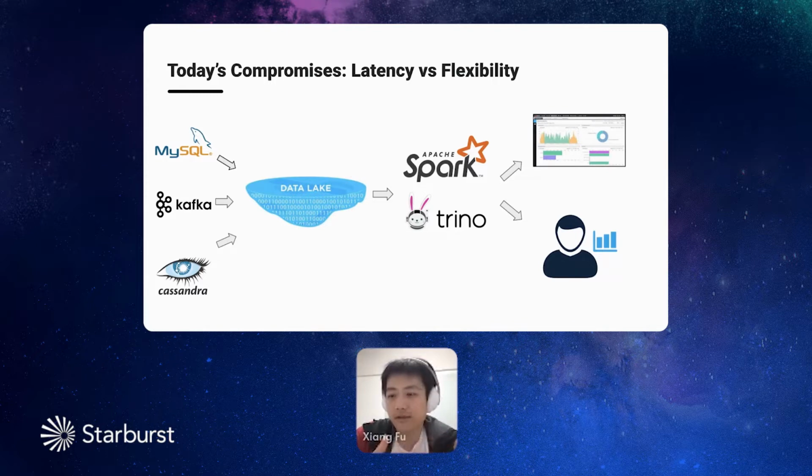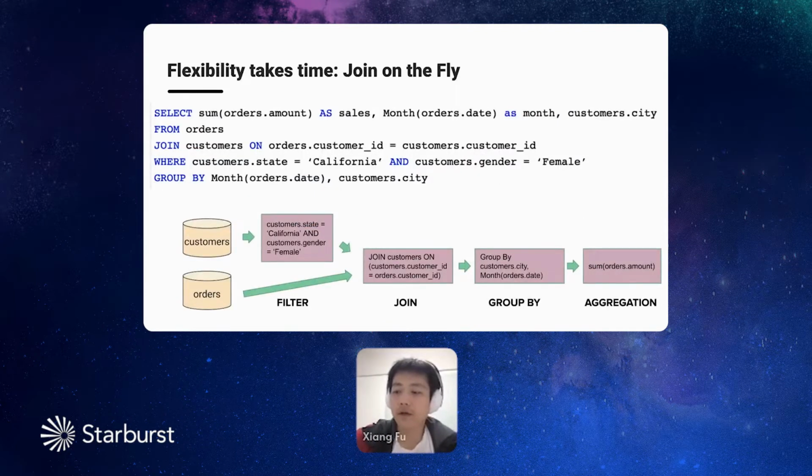However, these jobs typically take some time to retrieve the results, as users need to read all the raw data from the data lake and then compute and launch those jobs. Let's take one concrete example of computing a business metric for an e-commerce business.